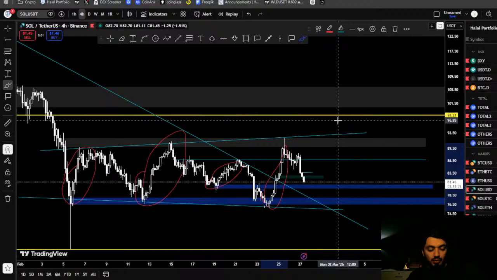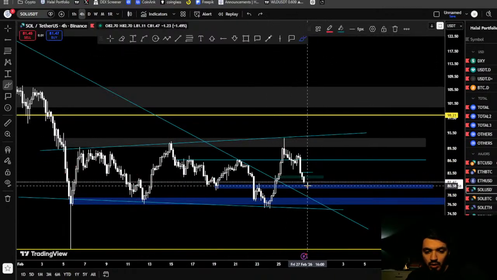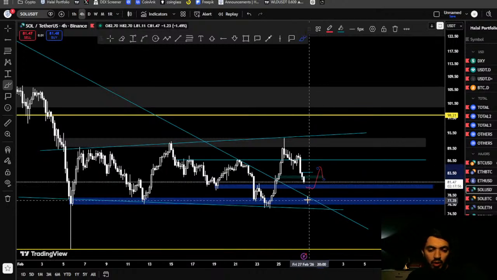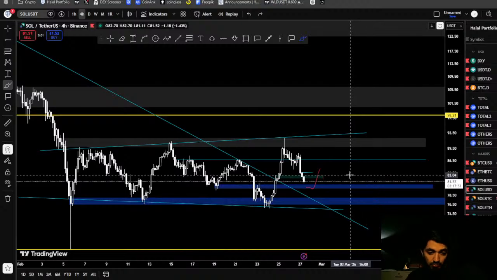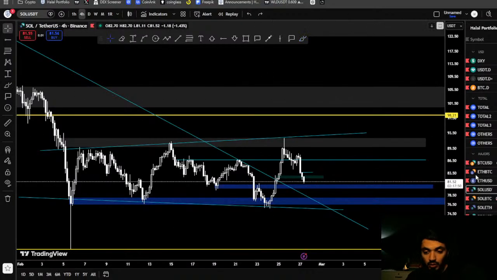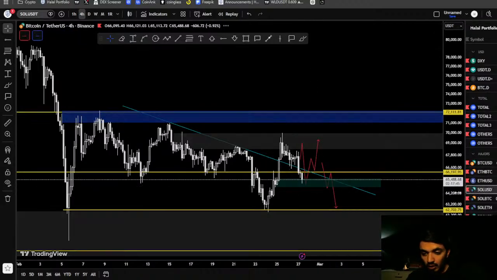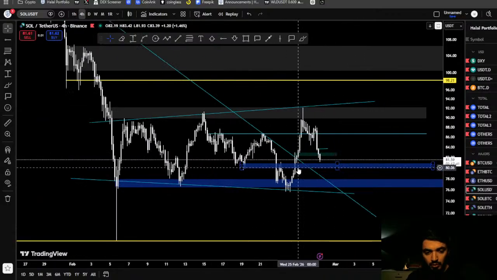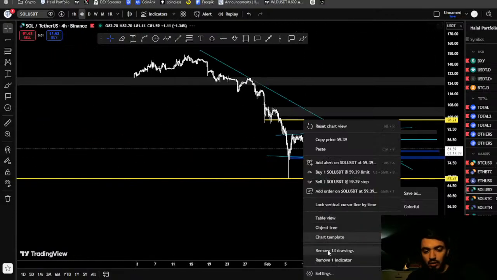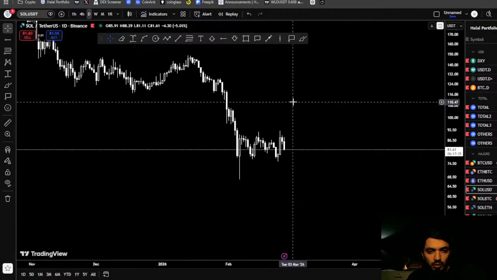So yeah, it's now done. I might not take this trade, or I might, depending on how it's going to close in this level. Who knows? It depends on how Bitcoin is going to close. But I would like to wait for it to come even lower. We can completely update the chart so we can have a cleaner view.